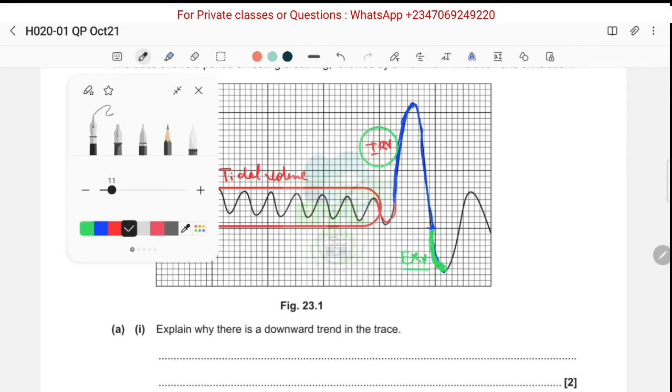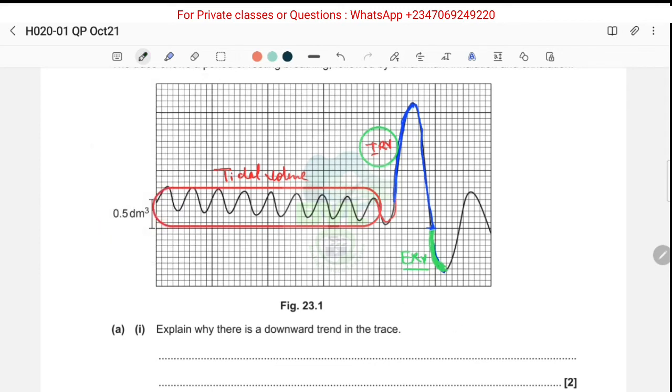Now it says here, explain why there's a downward trend in the trace. Of course, I think it's referring to this one, that downward trend. Basically, you can say there is a decrease of air in the lungs because the person is exhaling.